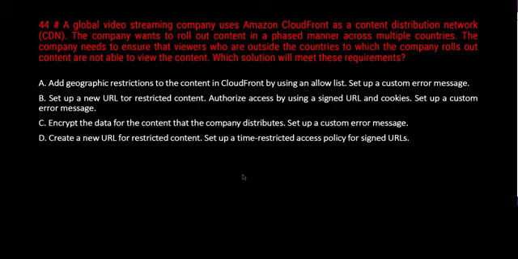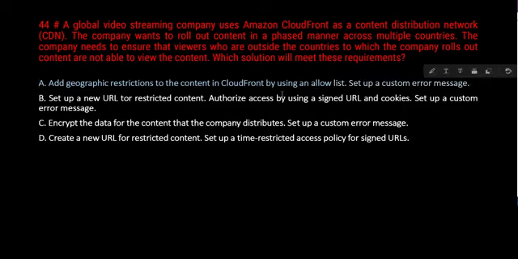And I think we have kind of seen this requirement. For example, it's talking about signed URLs and cookies, etc. But if you remember, we were restricting it using signed URLs and cookies based on the user for the content, not the country. For that, there is another option, which is the first option: add geographic restrictions to the content in CloudFront by using an allow list.